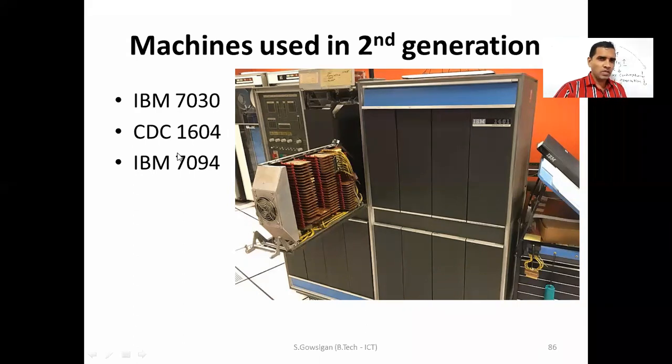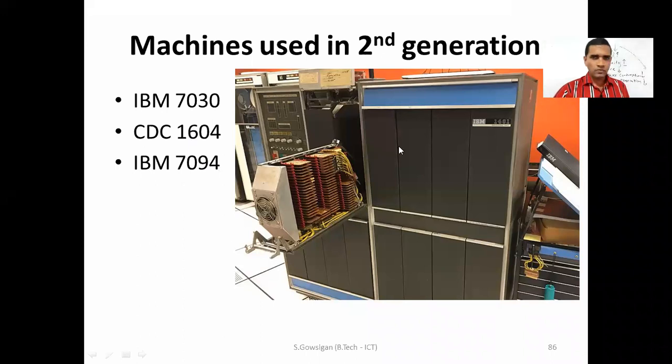But asking the names of second generation computers is not good, because there may be several computers and nobody wants to remember the names. But for first generation, since it's the initial stage, it is reasonable. Remember them. These are not important.